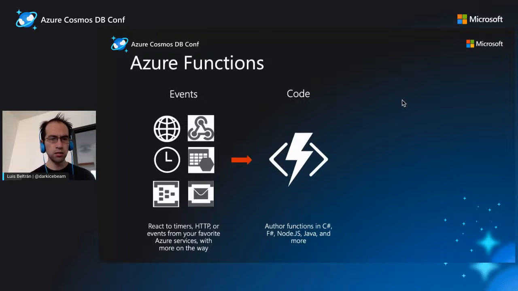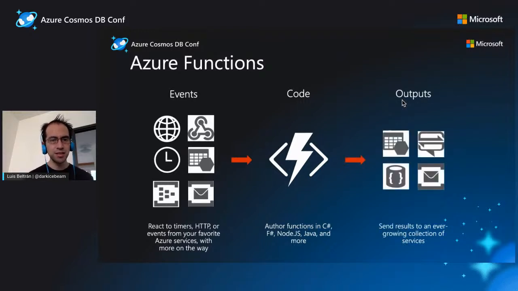Then you write your code. You have different options. You can write your code in C#, Node.js, F#, and other languages. And one of the good advantages is that you can bind some input and output elements.